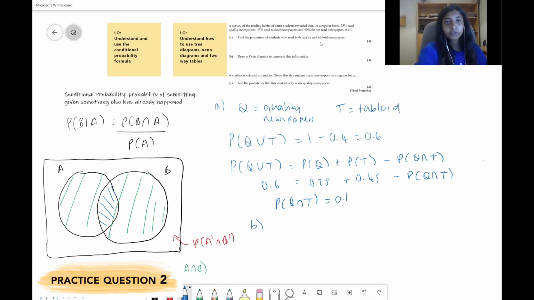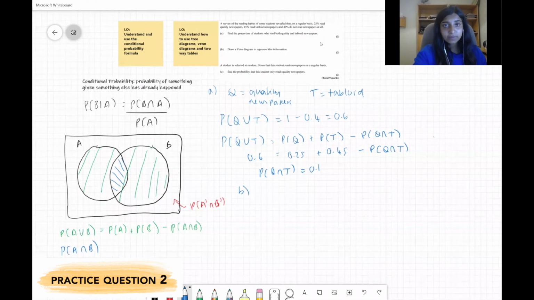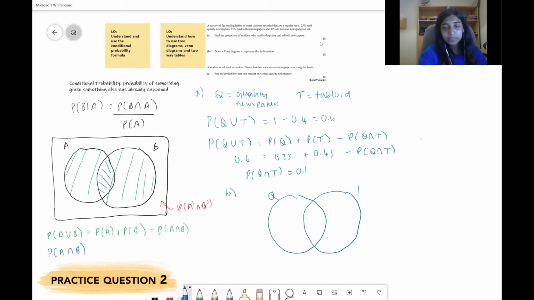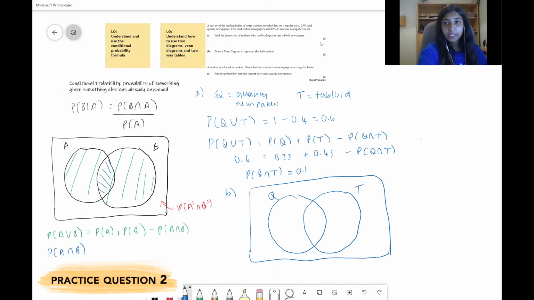So now we want to draw a Venn diagram to represent all of this information. So we can have quality here, tabloid here, then your box. The outside is those who don't read any newspapers, so that would be 0.4. We have an intersection here, which is 0.1.